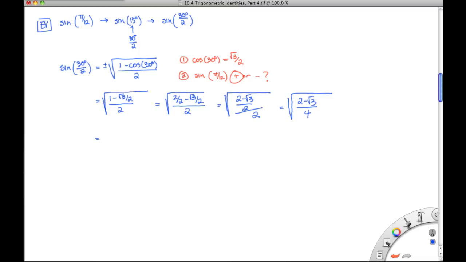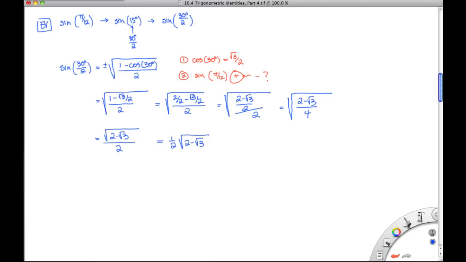We take the square root of the top and the square root of the bottom, and get 2 minus the square root of 3 over 2. And this is the same as 1/2 times the square root of 2 minus the square root of 3.